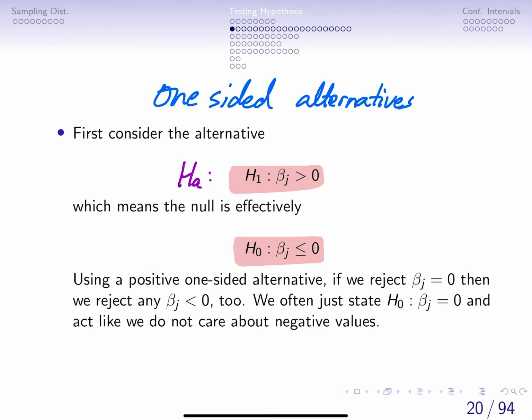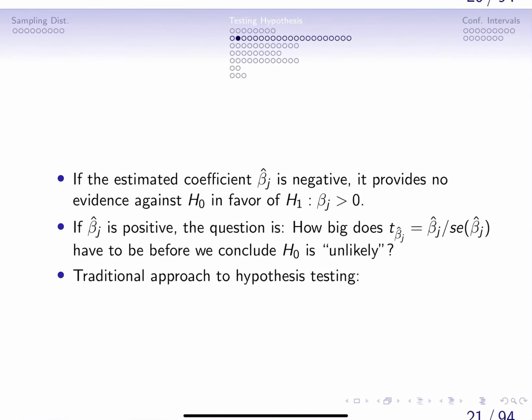If this is our null, then the opposite is our alternative. It's the complete opposite of that. And this is a one-sided alternative, so this is not remaining agnostic to what we are hypothesizing in the population. We're saying this is positive, or it could be negative. It really depends on how we set it up.